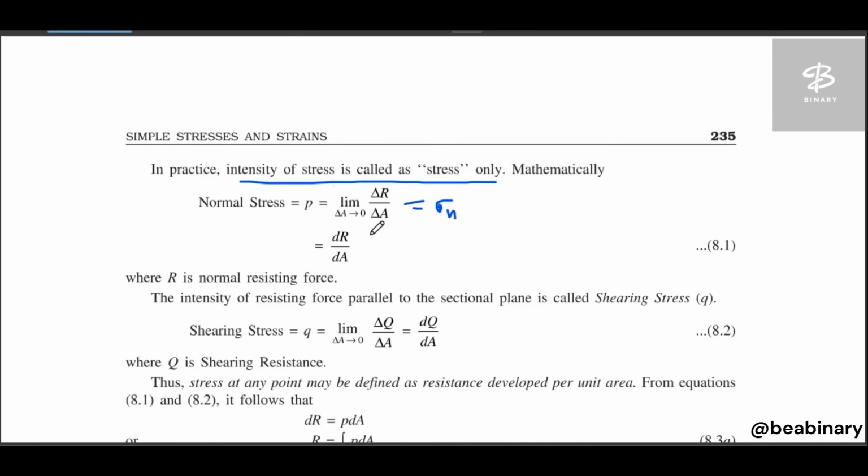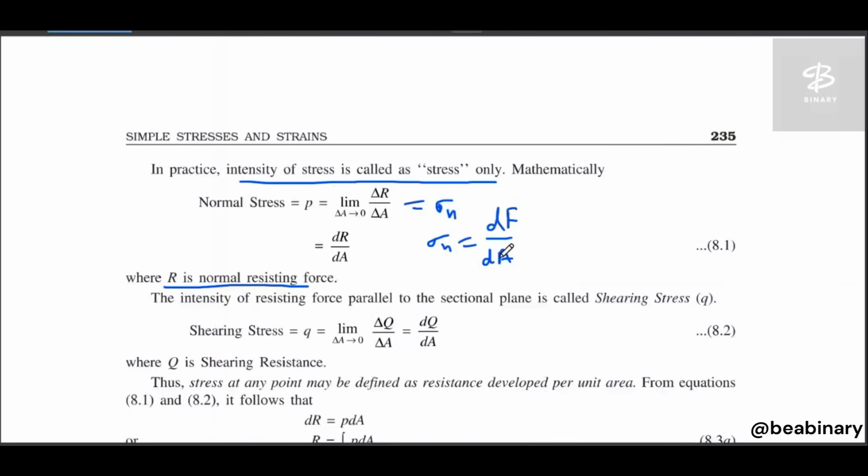So sigma n is equal to dF upon dA; R, F, or P are the same thing.